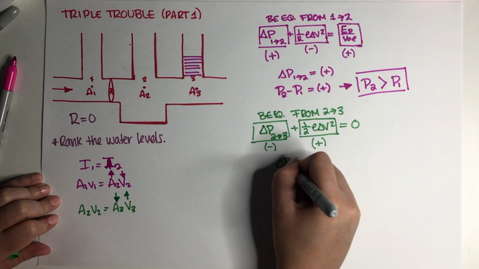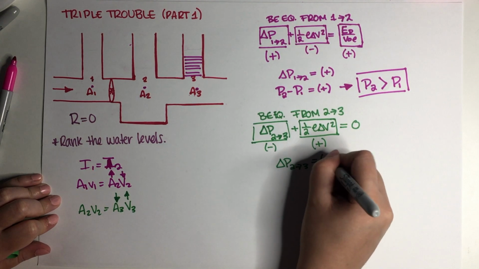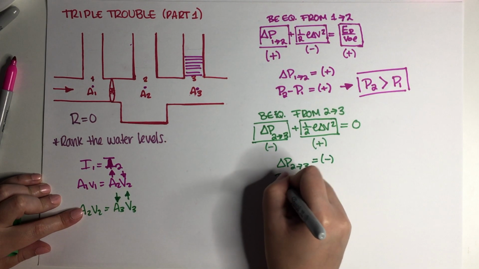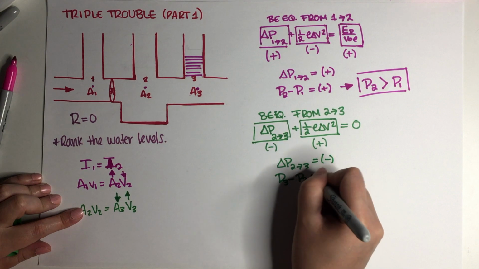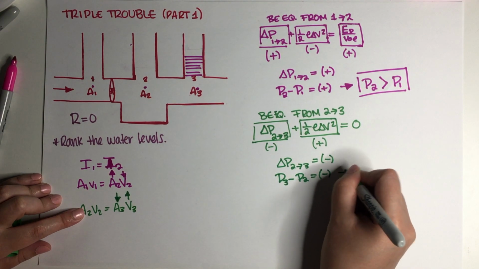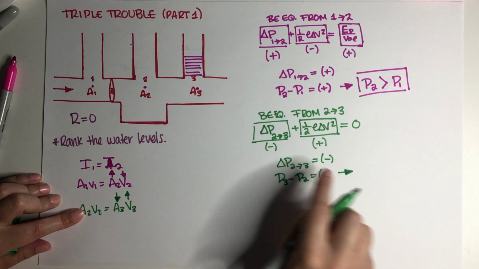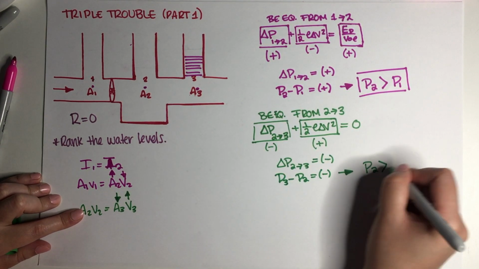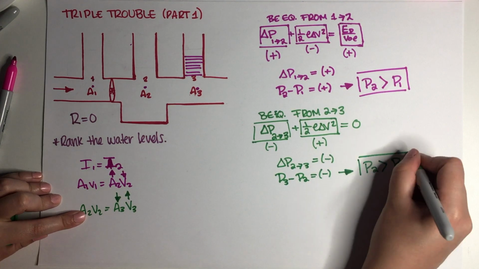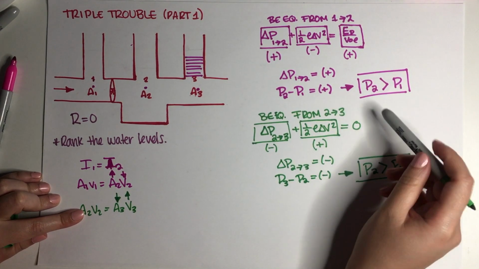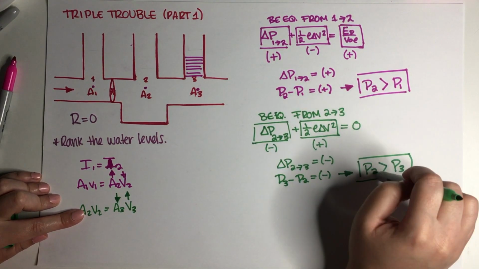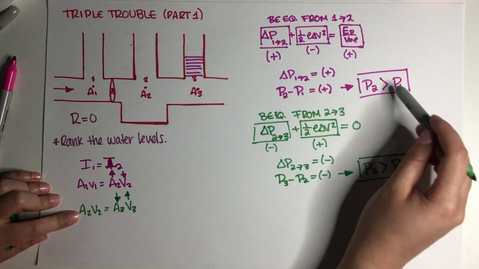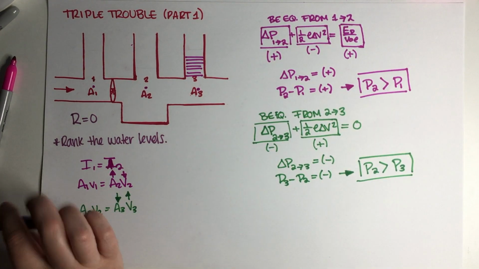So delta P from 2 to 3 is a negative number. So P3 minus P2 is a negative number. This means that this guy is greater because the result is a negative number. And from this information, we know that the highest water column has to be the second one, because 2 is greater than both 1 and 3.